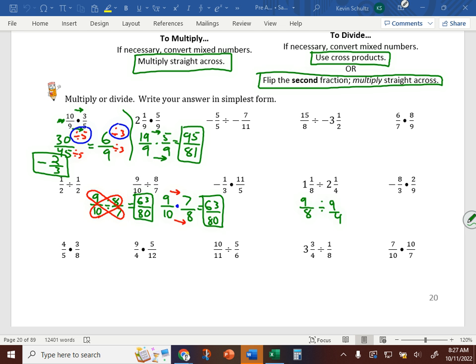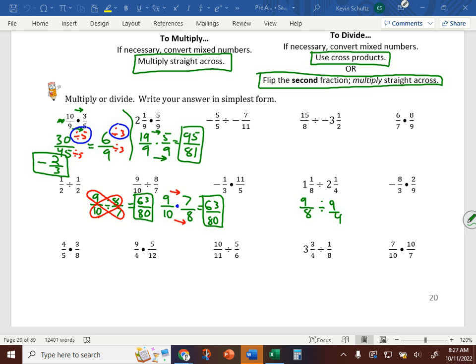Either way you do it, cross products or flip and go straight across, what does our numerator end up being?